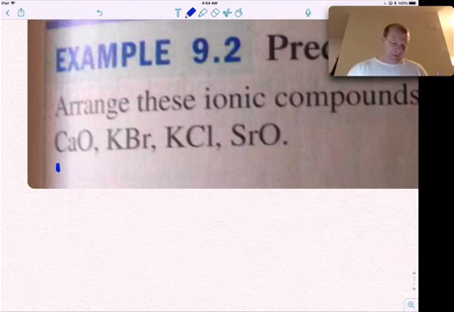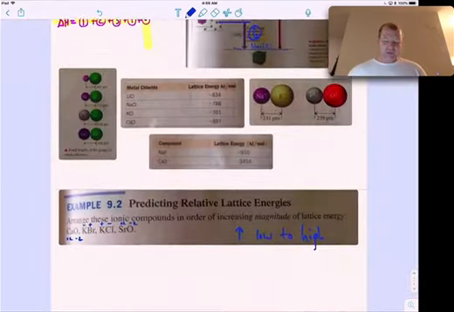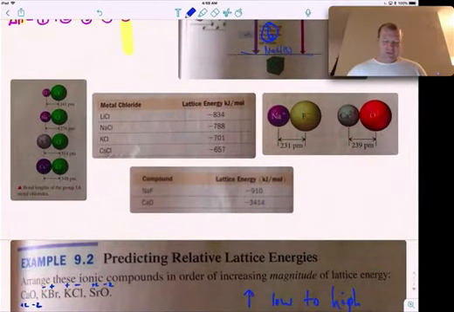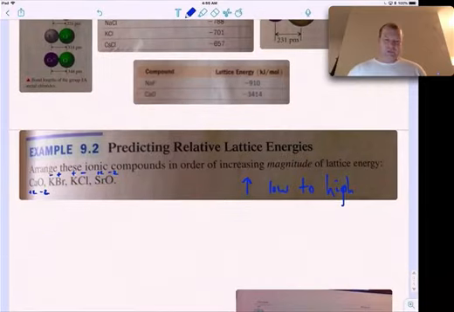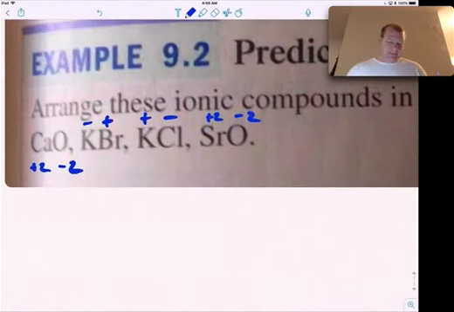So calcium is +2, oxide is -2. Potassium is +1, bromine is -1, strontium +2, -2. Okay, so the +2 -2s are going to be stronger. You can see this trend here that the charge is much more powerful than the size when it comes to the strength of the bond.